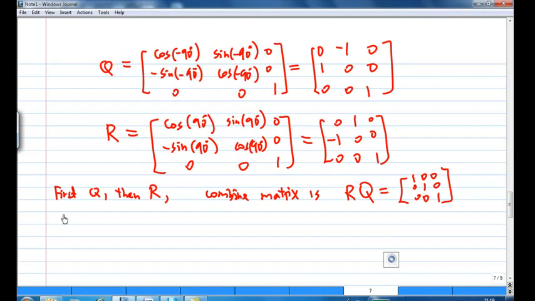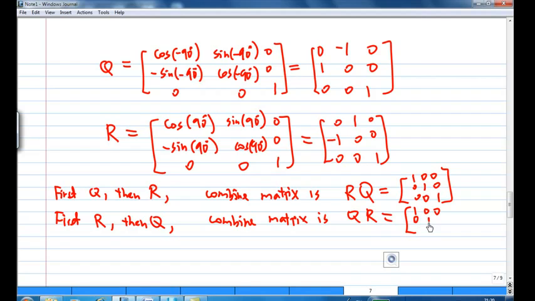Now, if you first do R, followed by Q, then the combined transformation matrix is Q times R. You also get the identity matrix. Since the matrices are identical, Q times R and R times Q are the same, so we expect that the image will be the same. In fact, the image is ABC again.